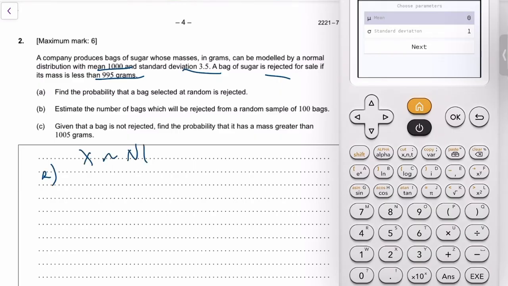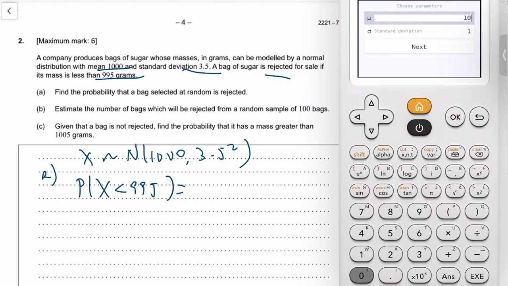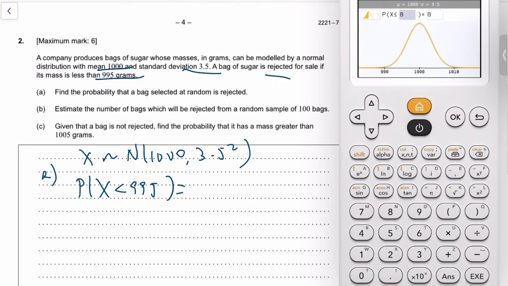So x is normal with the given mean and variance. The probability that x is less than 995 would be a simple calculator thing. You would probably do something called normal CDF. The calculator I have here is a bit unusual. Most graphical calculators that IB students use don't look like this.